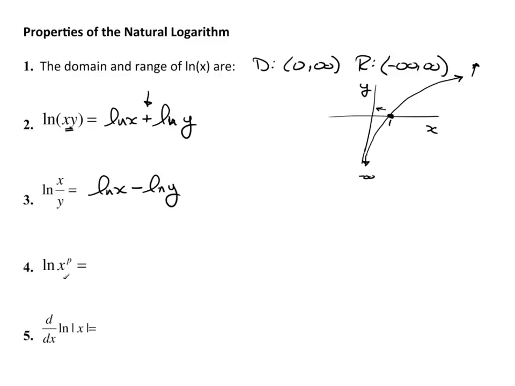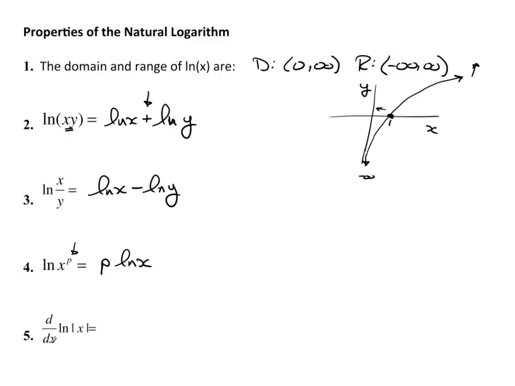Let's see, ln x to the p, for p a real number, with p just the exponent. This is really one of the most powerful features of the logarithms, how we very commonly use them to solve equations. This is the same as p times ln x. When I take the log, the exponent can come out front.